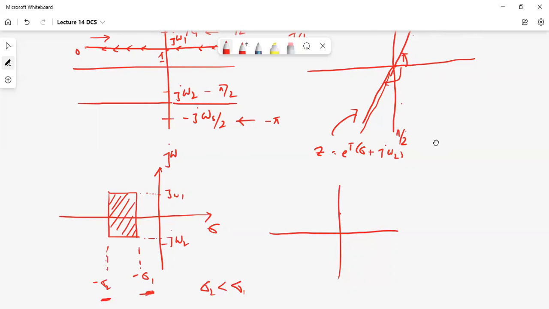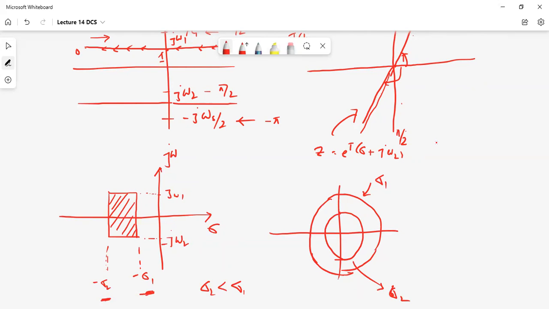Otherwise, you have to draw two circles, both of them inside the unit circle. This is related to your sigma 1, and the other one is related to your sigma 2.